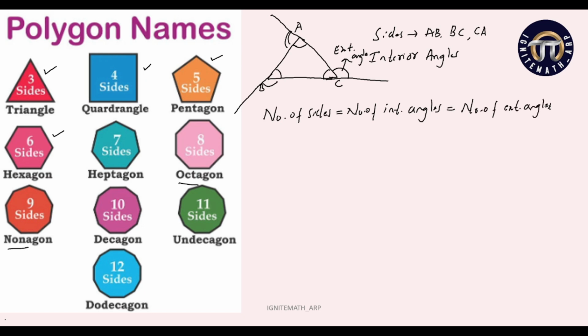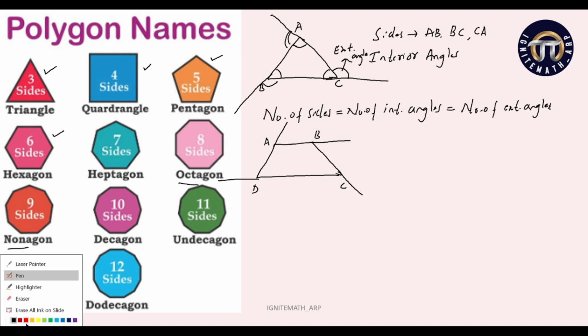Keep in mind, children. Okay, so similarly over here, if you take a quadrilateral, look at this, I'm taking a random quadrilateral over here, right? So it's a four-sided polygon. Okay, so I'm extending the sides of the quadrilateral in the clockwise direction. Look at this angle so formed, which is outside the polygon, children.